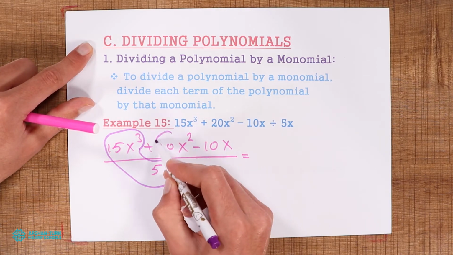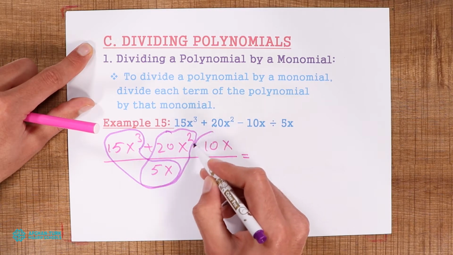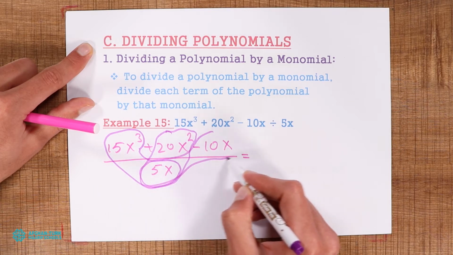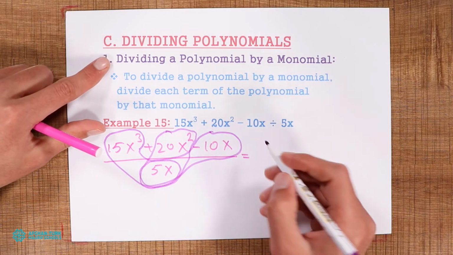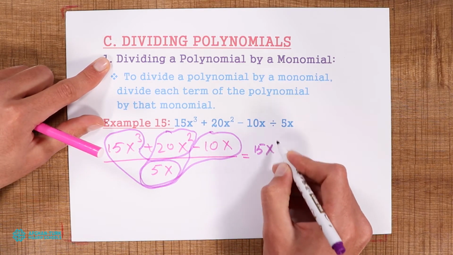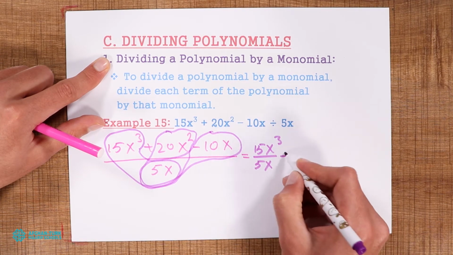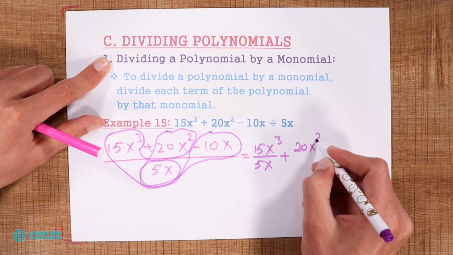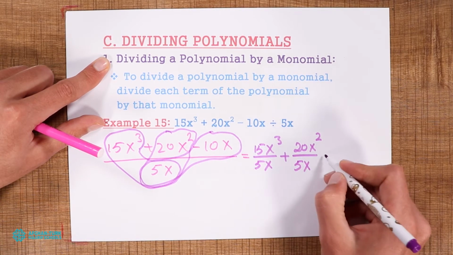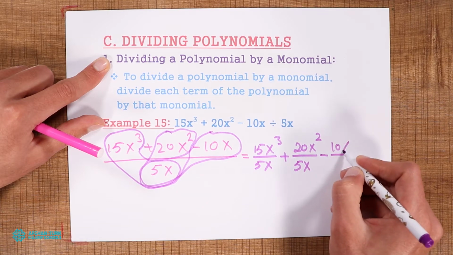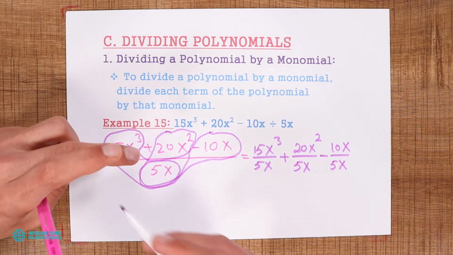Each term of the polynomial will be divided by this monomial, and also minus 10x will be divided by 5x. You can write it as 15x to the power of 3 divided by 5x plus 20x squared divided by 5x and minus 10x divided by 5x.